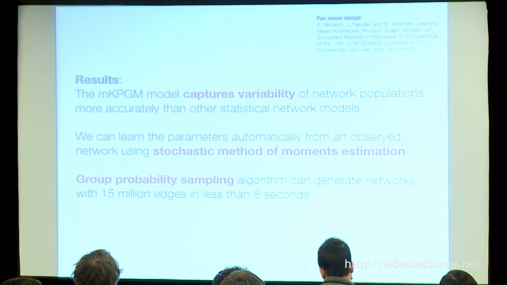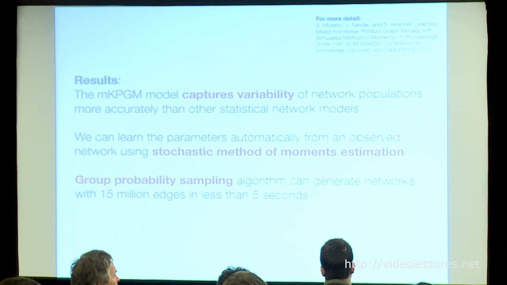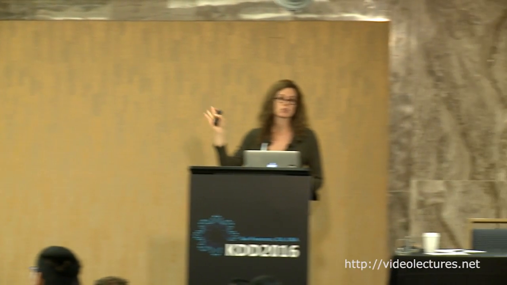The fact that we're tying things together produces better graphs overall with more clustering and more variability, but that makes it harder to estimate the parameters of the model. But a few years ago at KDD, we had a paper where we showed we could use a stochastic method of moments to learn the parameters of these models. I won't go into the details of that either.